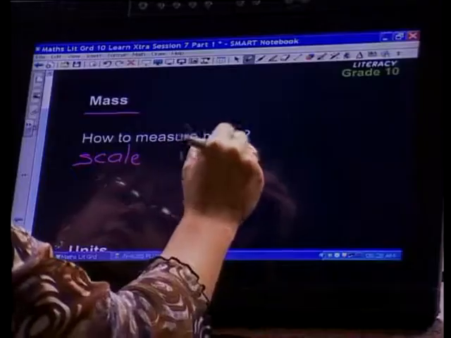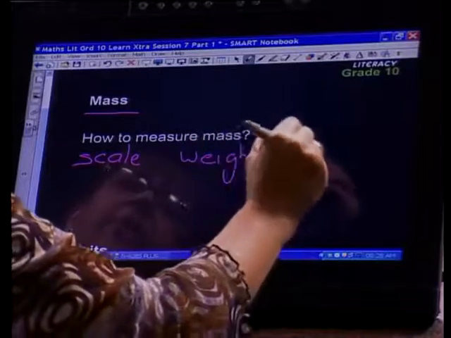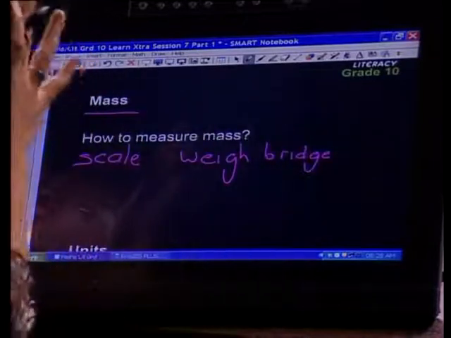So we've basically got different types of scales. We've got kind of larger scales. There's a wonderful example of a scale. If you're driving along the roads, on the highways, every now and again you see what they call a weigh bridge. Okay, so I'm going to actually write that down. We've got a weigh bridge. And what are those weigh bridges? Those are for those huge big trucks that we see on our highways and on the roads.